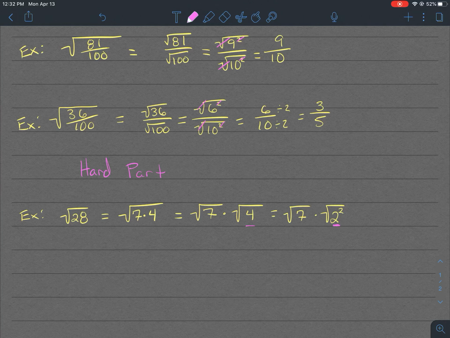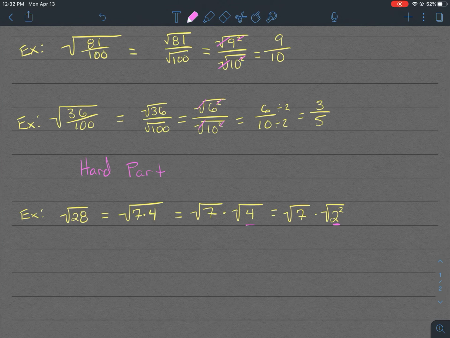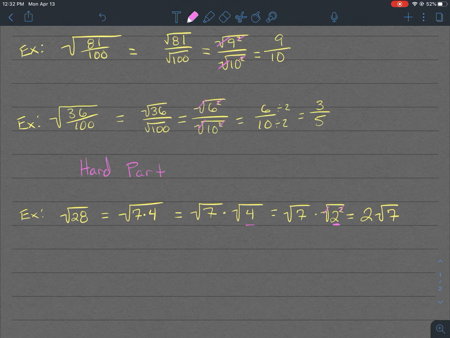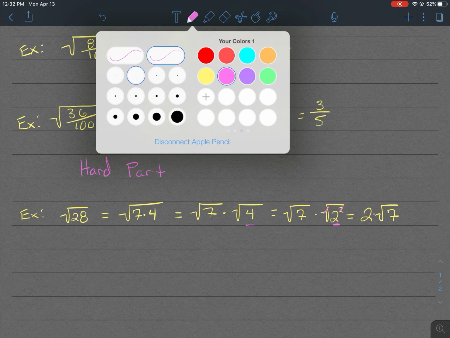And 2 squared, since we're taking the square root, cancels that out, and what am I left with? Well, I'm left with the square root of 7 times 2, or you could rewrite it as just 2 square roots of 7, because it's understood that there's multiplication right between here. Okay, so the answer is 2 square roots of 7.